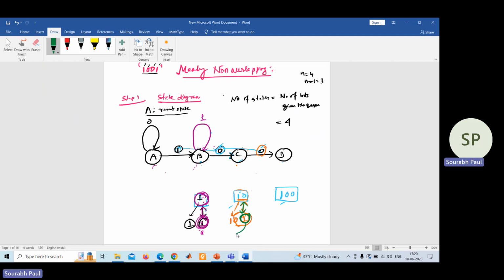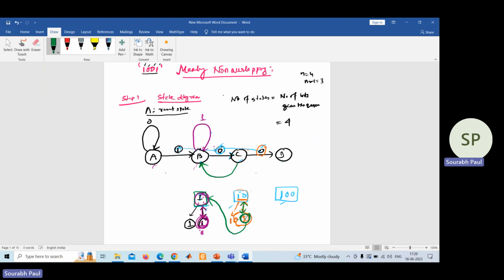As it is a single bit, you need to compare it with the single bit state. The single bit state, you know, in the square box is 1, and this one is matching with this one. As they are same, you have to do this direction, means from C to B you need to go. If they are not same, in that case from C to the reset state you have to go.